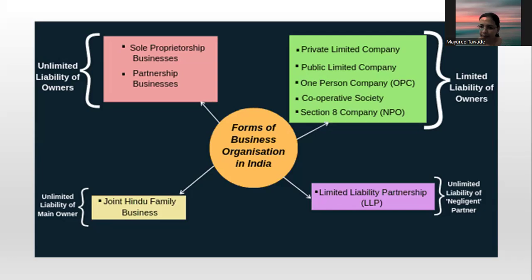Then comes limited liability partnership, with unlimited liability of a negligent partner. When we say limited liability partnership, the word itself says that the liability is limited to the partner's contribution to the business. Only for the portion I am contributing as a partner into the partnership firm, I am liable for only that percentage of share.